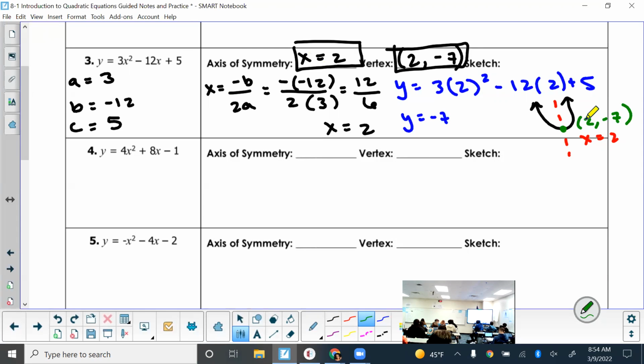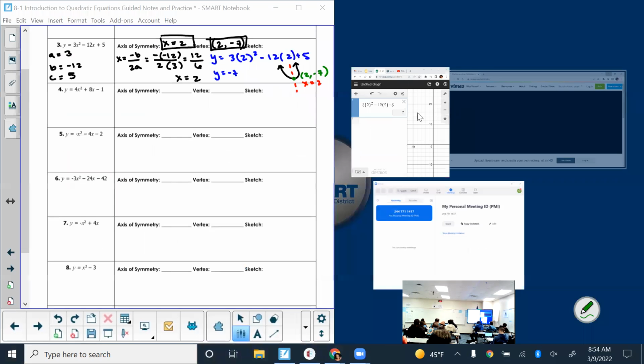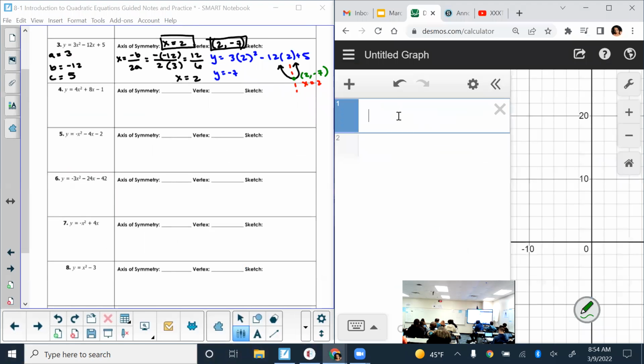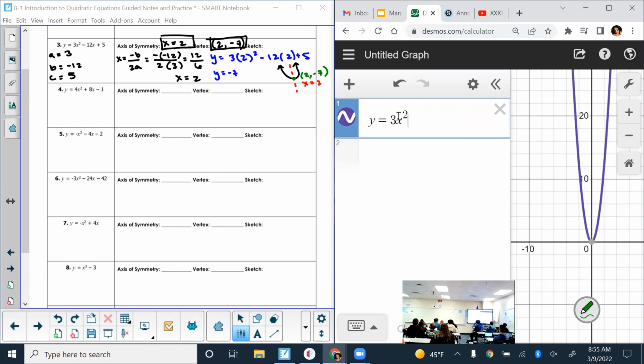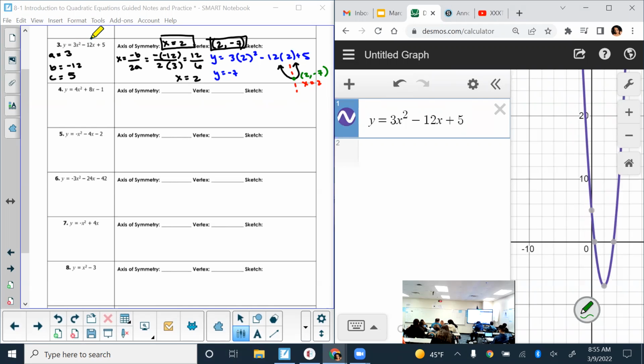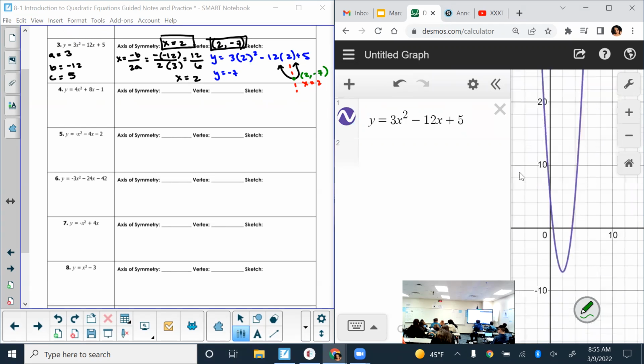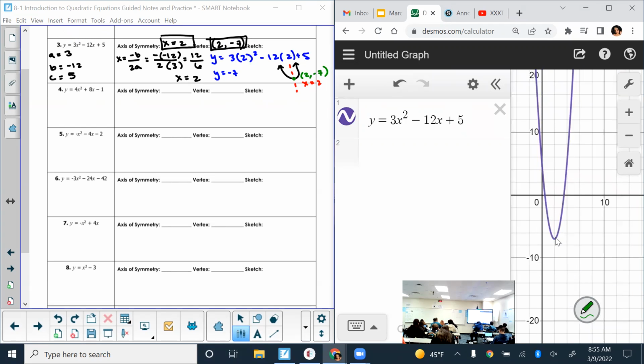All right, and then I forgot to record myself going over number 1 in Desmos, so I'll just go over 3 in Desmos. All right, you can verify your answers by typing in the equation. Oops, I messed up. Hold on. By typing in the equation that was given to you, you see that it does open upward.